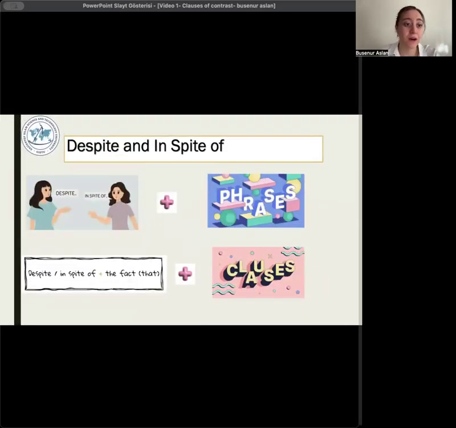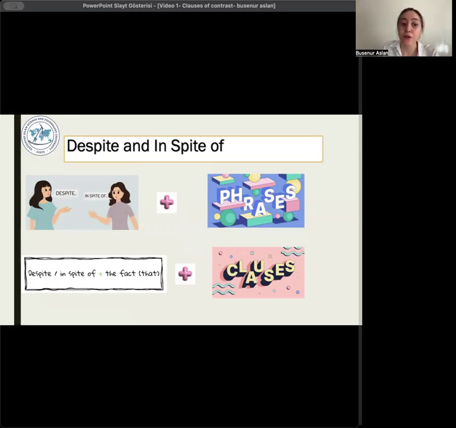Let's look at the meaning of despite and in spite of, and also the structure. Despite and in spite of are followed by phrases. Phrases can be a noun, a gerund, the ing form, or special names.